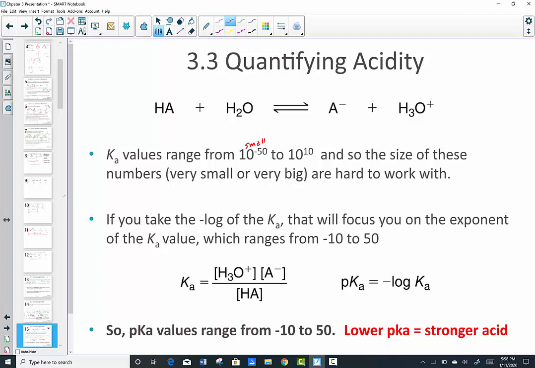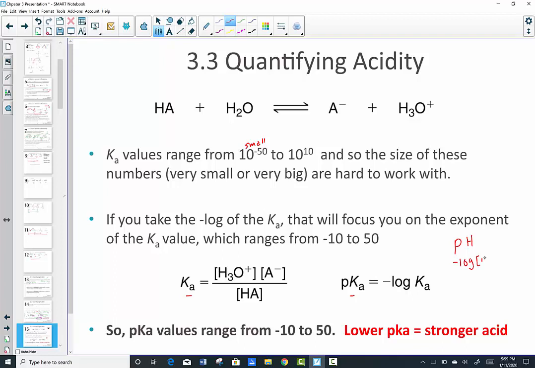Now remember, P is just a mathematical term. It means negative log. If I have a pH, for example, I take the negative log of the hydrogen ion. If I have a pOH, I take the negative log of the hydroxide ion. That's just what P means. And so if I have a pKa, I'm just taking the negative log of the Ka value, and it comes up with a more manageable number.